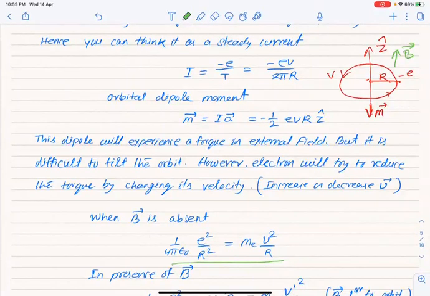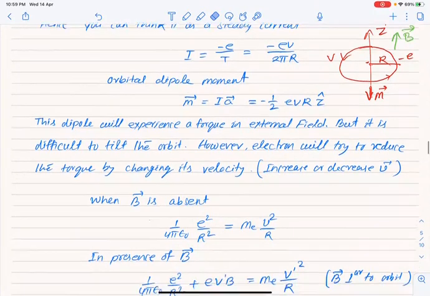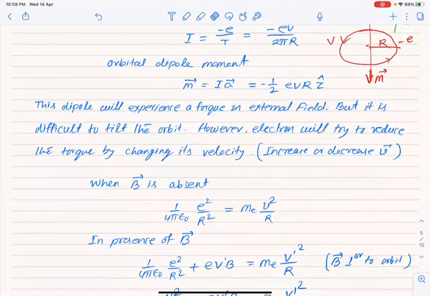If you want to write the force balance equation, it will be like 1 over 4 pi epsilon 0 e square by r square, that is your Coulomb force, and that's equal to m_e v square by r, where v square over r is the centripetal acceleration.